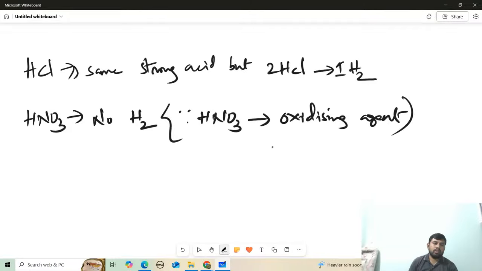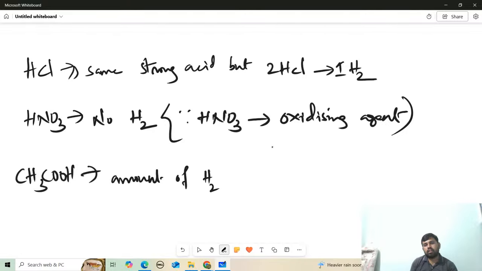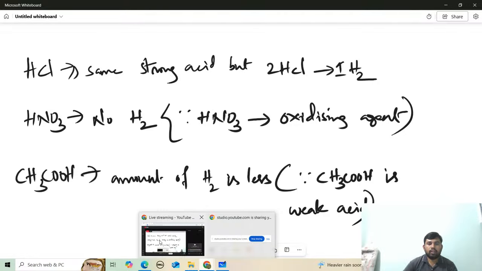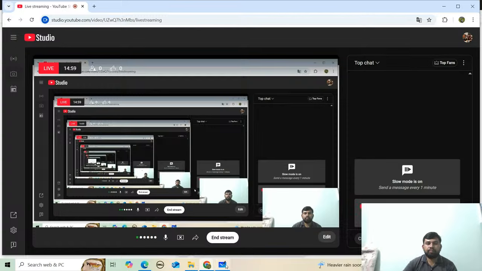In case of CH3COOH, the amount of H2 gas is less, because CH3COOH is a weak acid. These are the important things you should understand with that activity. Please remember.